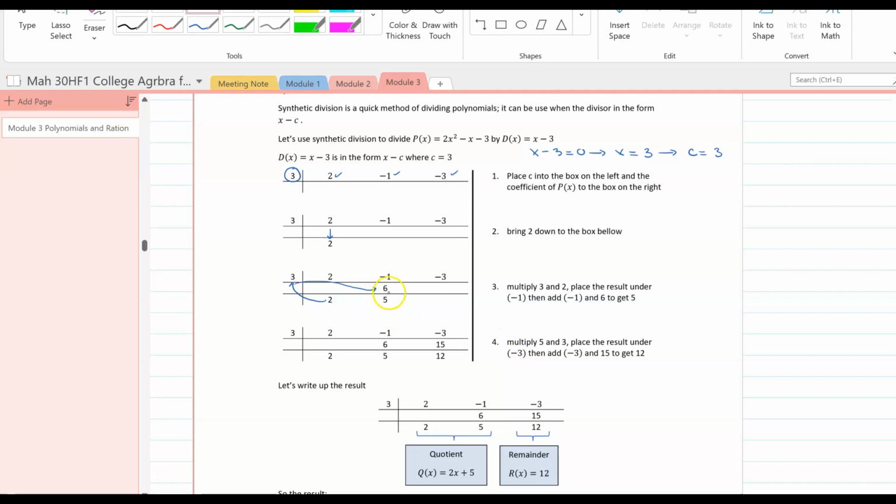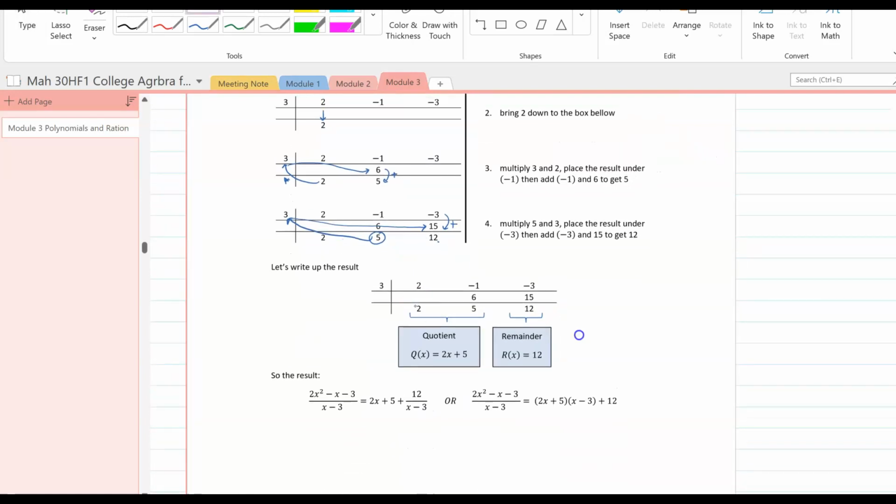And then we add this together to get 5. Again, the next process, take 5, multiply with 3 to get 15. We put the result under -3, add this together to get 12.